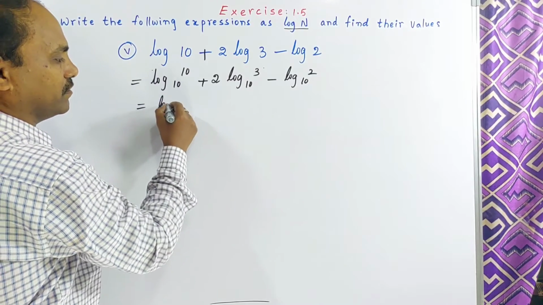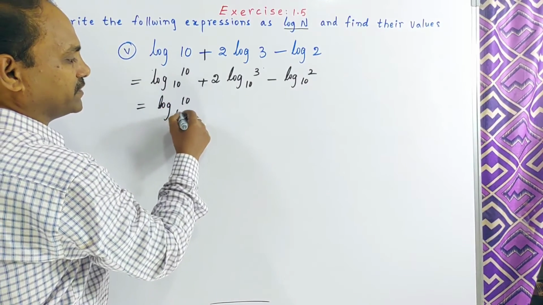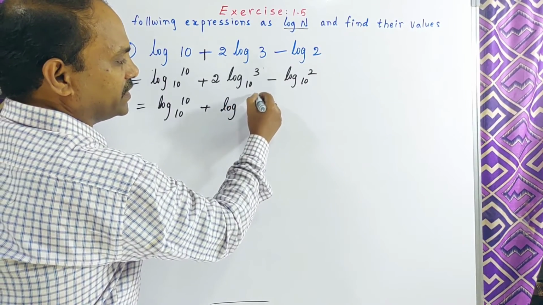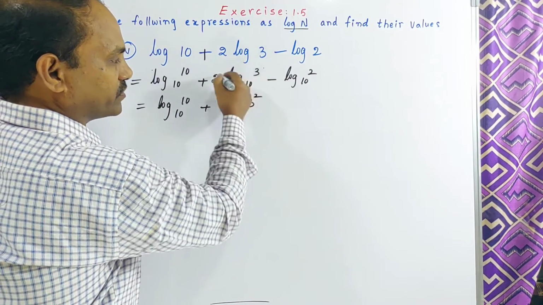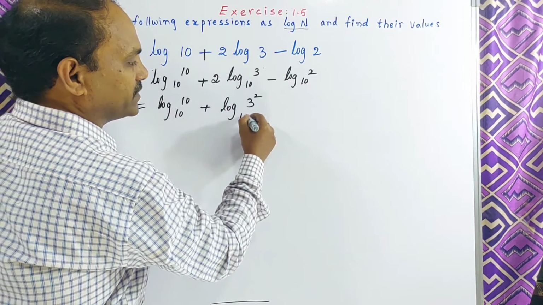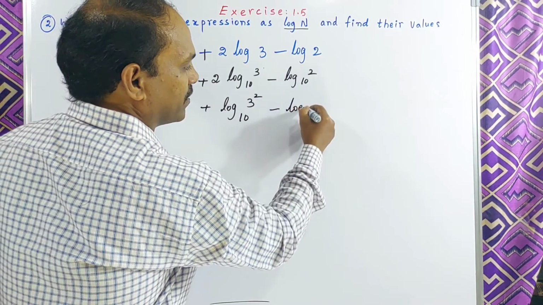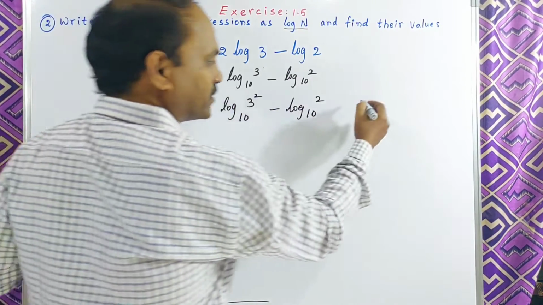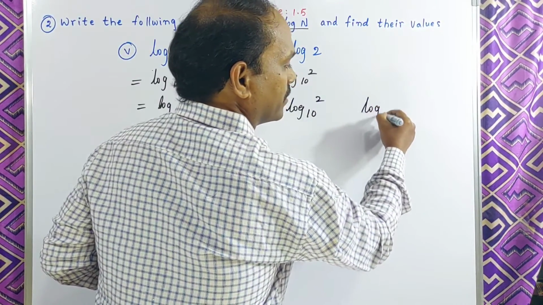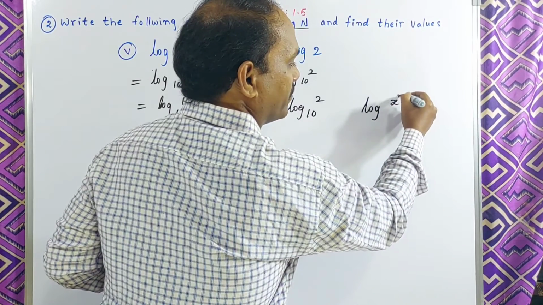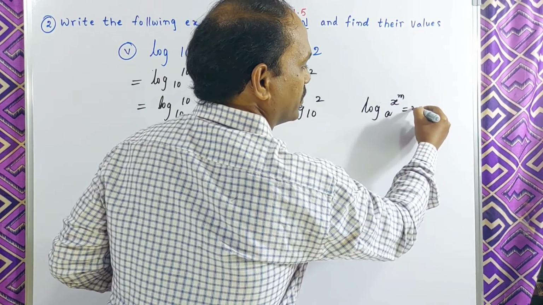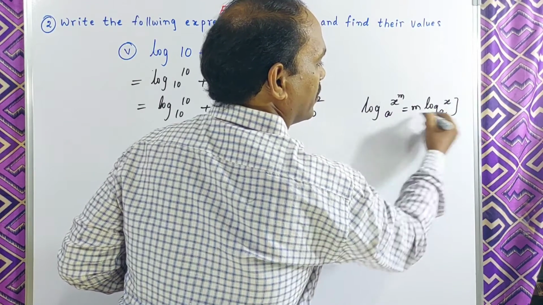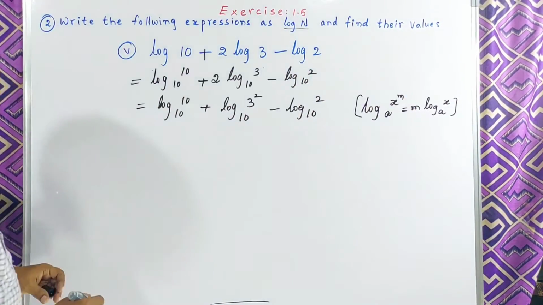So log 10 to the base 10 plus log 3 square, writing this 2 here, to the base 10 minus log 2 to the base 10. Why? This form log x power m to the base a is equal to m log x to the base a, by using this formula.